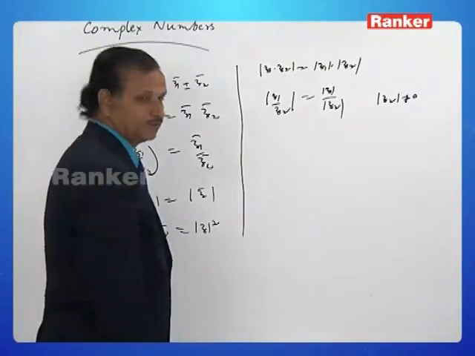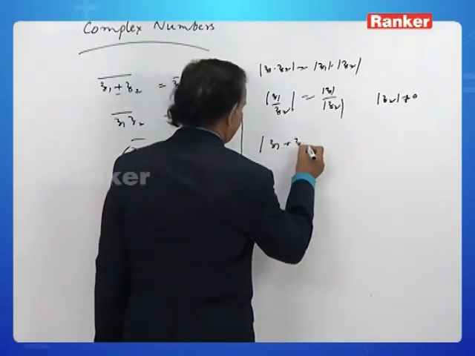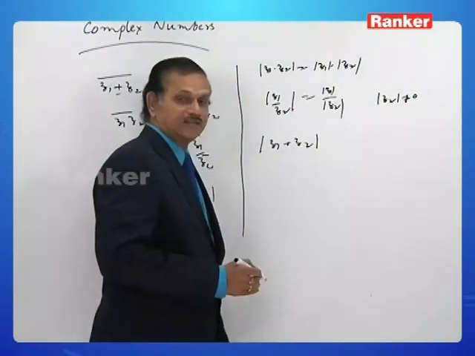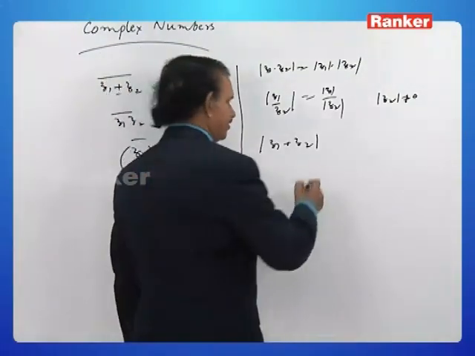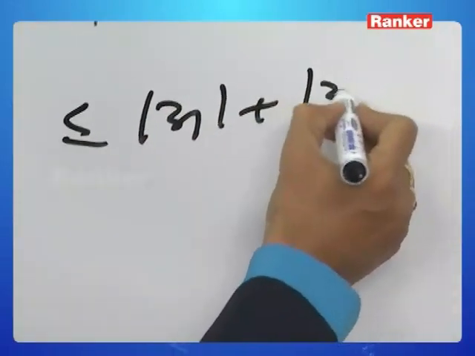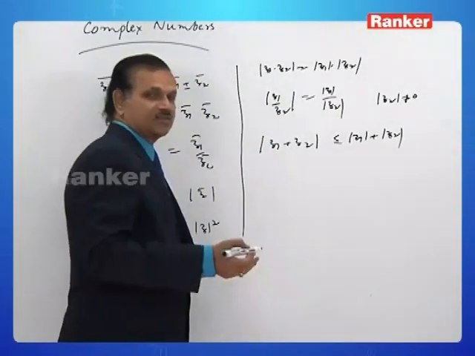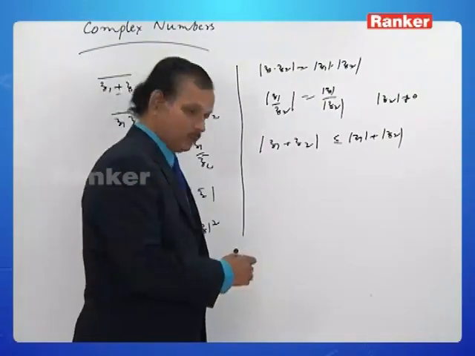And again, modulus of Z1 plus Z2, is it equal to mod Z1 plus mod Z2? No, it need not be. This is less than or equal to mod Z1 plus mod Z2. Later on in future, we find the conditions as and when they become equal.